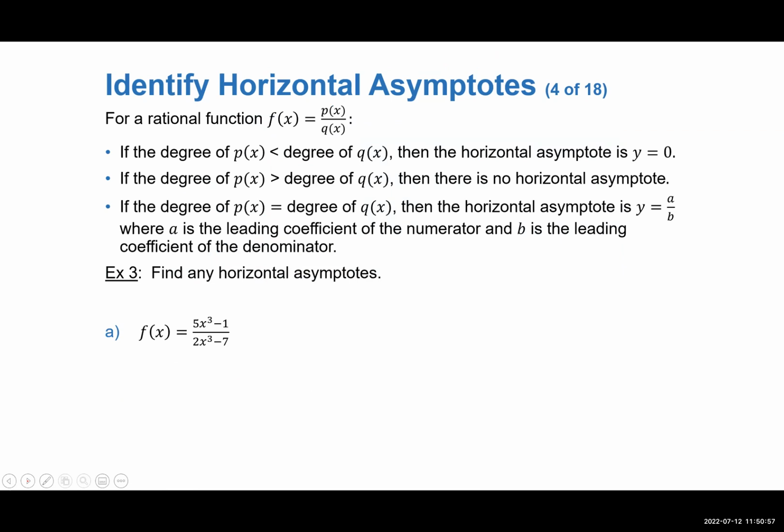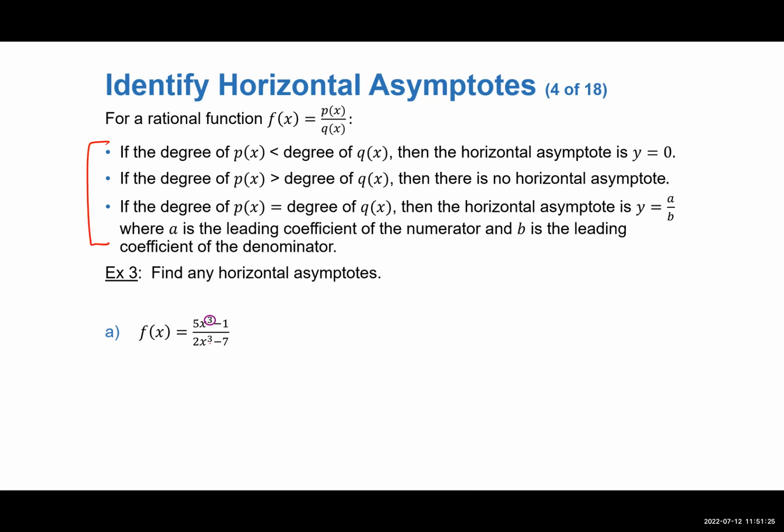For example 3, we're going to look at how you find horizontal asymptotes when you don't have a graph. You could obviously graph these and say, oh, that's my horizontal asymptote, by looking at the graph. If you don't have the graph, then you have to follow one of these 3 rules.